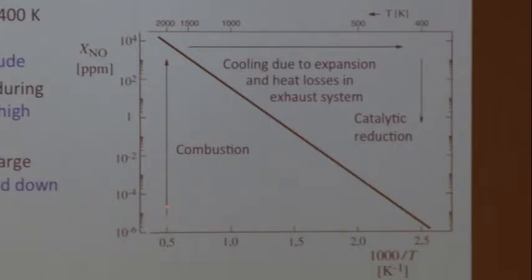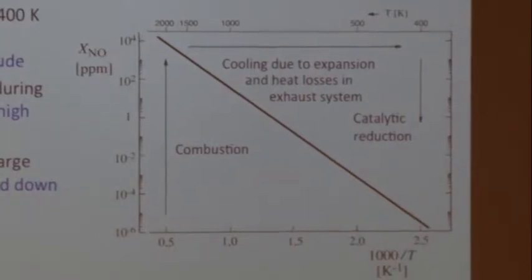Combustion here is at high temperature. This has two temperature dependencies. If we say NO is temperature dependent, it's really double temperature dependent. And of course, they're related to each other. But first of all, the equilibrium is very, very strongly temperature dependent.